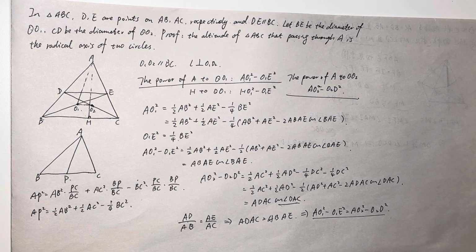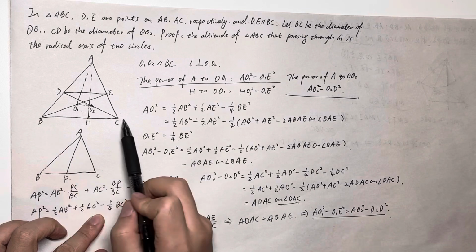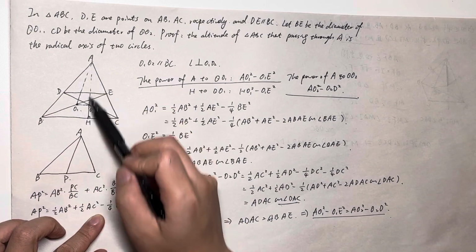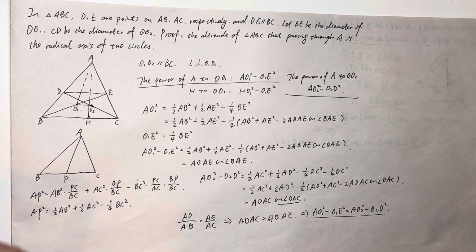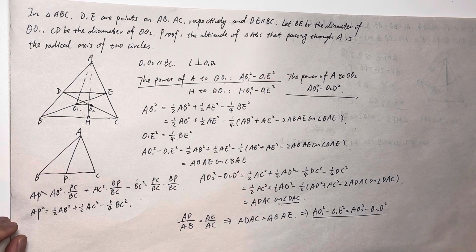And we know that the radical axis is perpendicular with O1O2, and AH is perpendicular with BC, which is parallel with O1O2. That means AH is perpendicular with O1O2. So AH is the radical axis. So we just proved this problem.